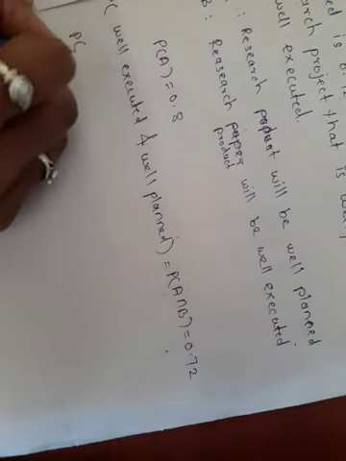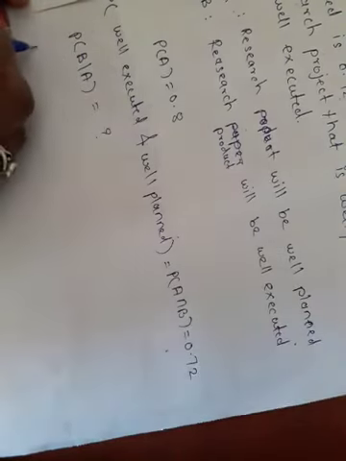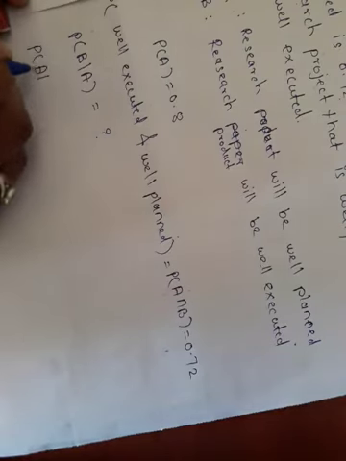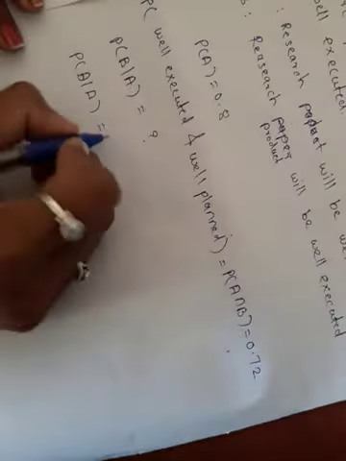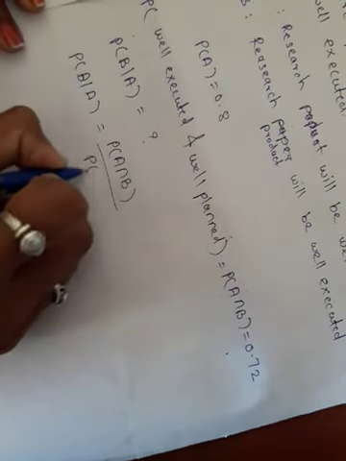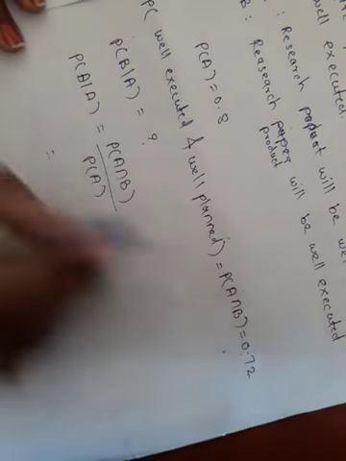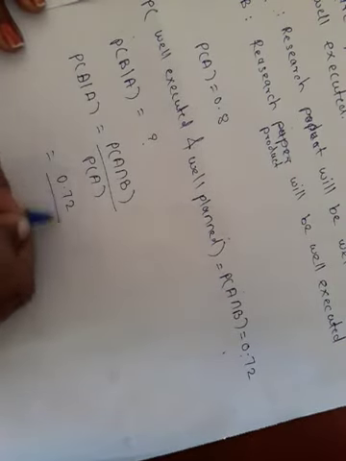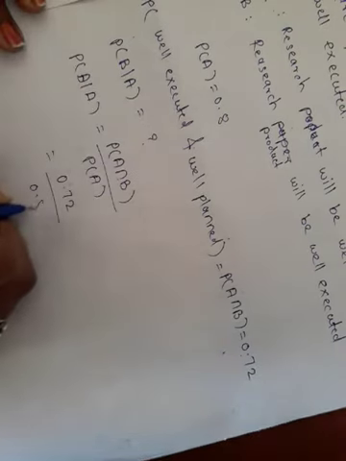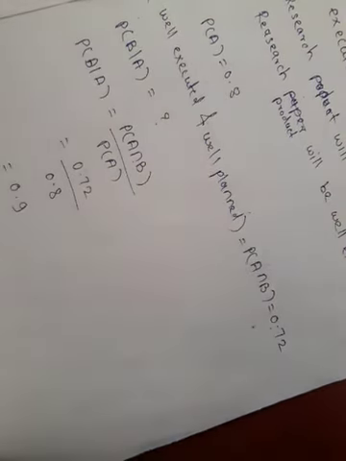We have to calculate P of B by A, which is equal to P of A intersection B upon P of A, which is 0.72 upon 0.8, and after solving it we get 0.9.